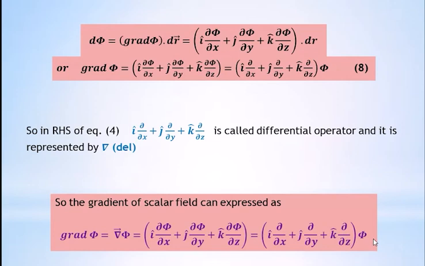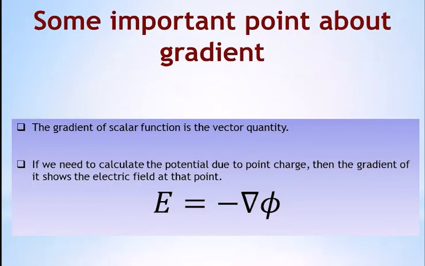After that we should know the main important points about the gradient. The gradient of a scalar function is a vector quantity. And another point is, if we need to calculate the potential due to a point charge, then the gradient shows the electric field at that point.